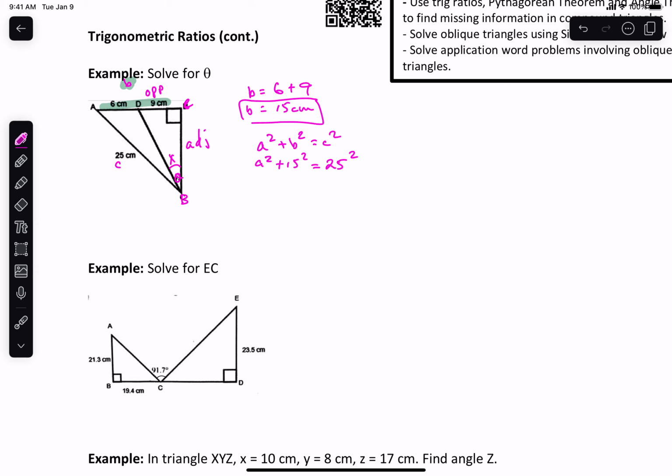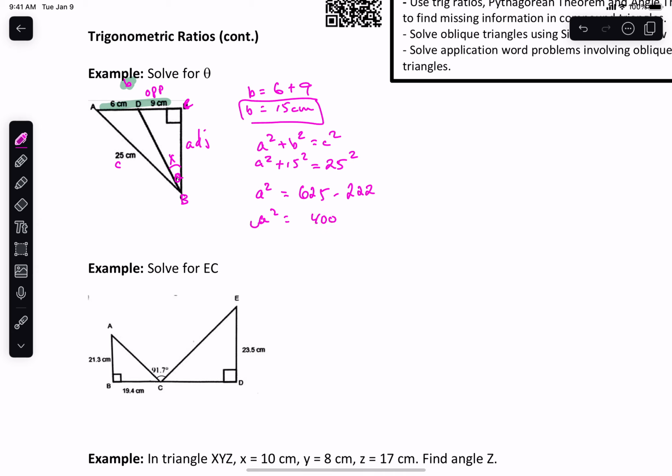This is just Pythagorean theorem, which makes a squared gonna equal 25 squared. What's 25 squared? Do we know that? 625. 625 minus 225. 400. Yeah, sorry. So a squared is gonna be equal to 400.